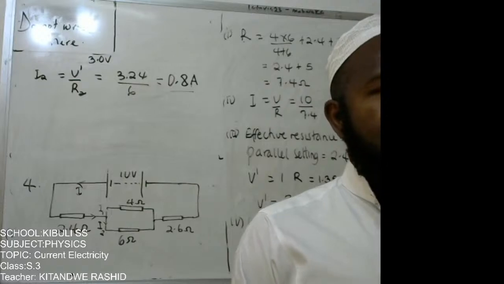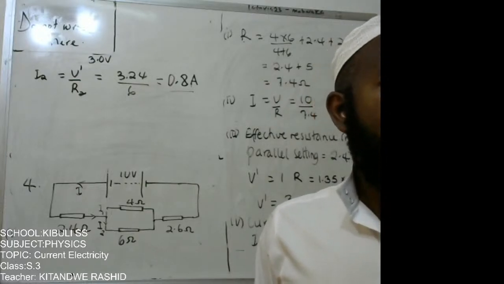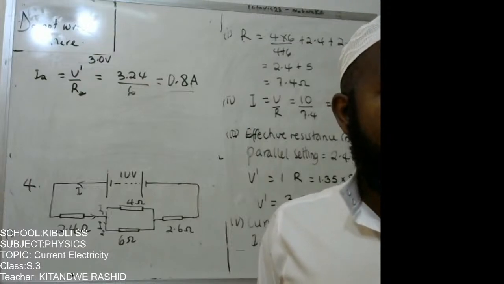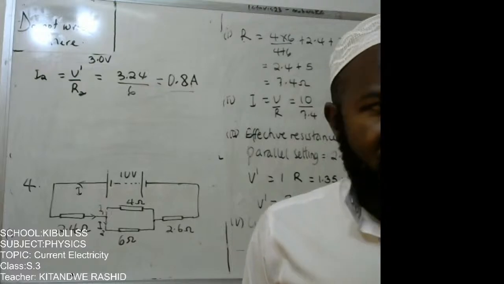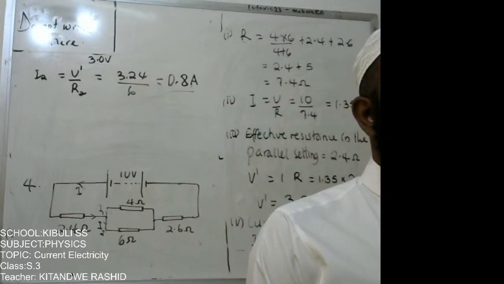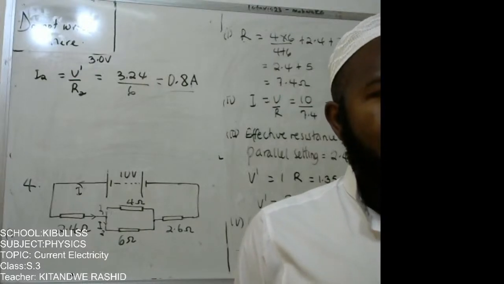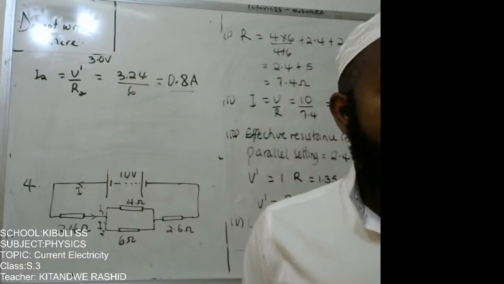Number 1 is the simplest. You are given current, you are given the PD, you are finding resistance. That is obvious. Number 2, you are given a circuit, but the PD that we want is only across the 2. We are given PD across the 2, so we are going to find R.